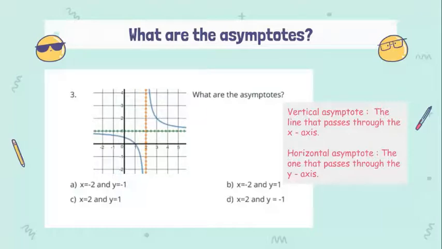It is the y values, and it's always the line that passes through the y-axis. As you can see here, the vertical asymptote passes through 2, which is x equals 2, and the horizontal asymptote passes through 1, through the y-axis, which is y equals 1. So the answer choice is C, which is x equals 2 and y equals 1.